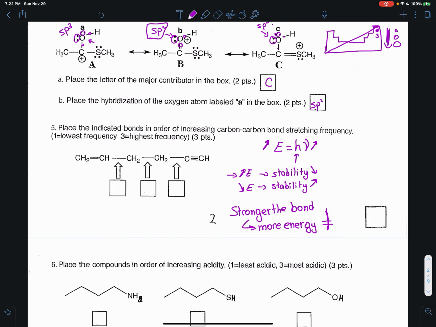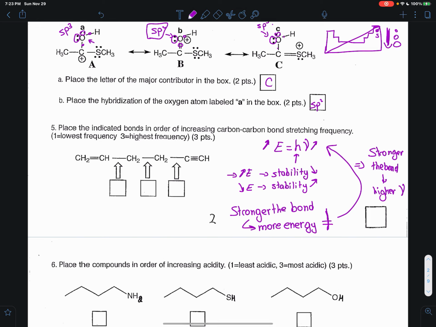Knowing that, we need more energy to break it, and if we look back at the formula, more energy means more frequency. So we can conclude that the stronger the bond, the higher the frequency.